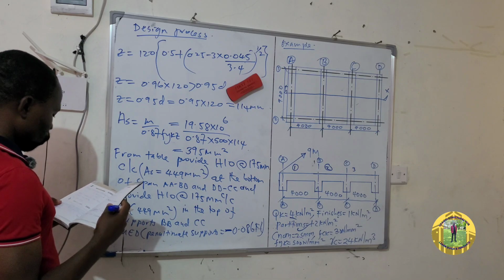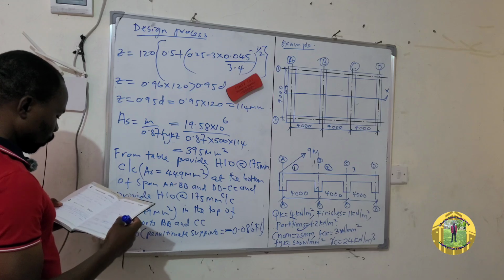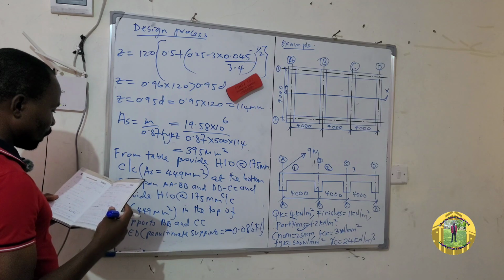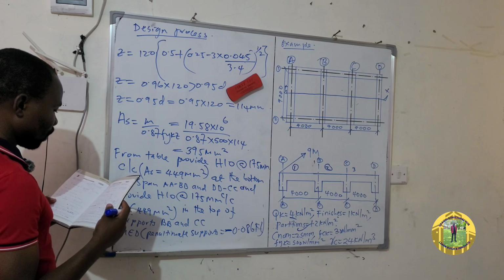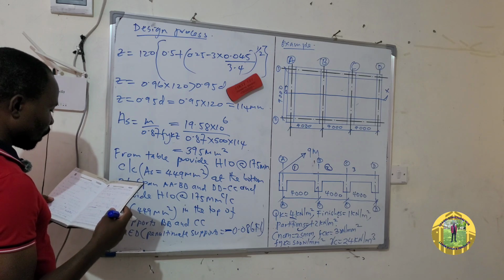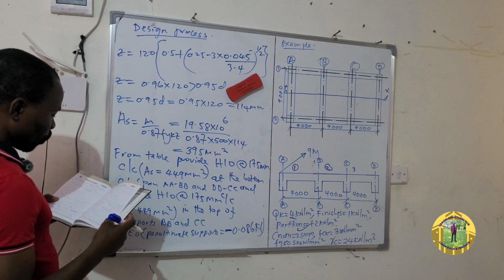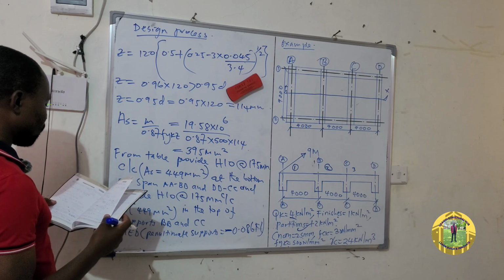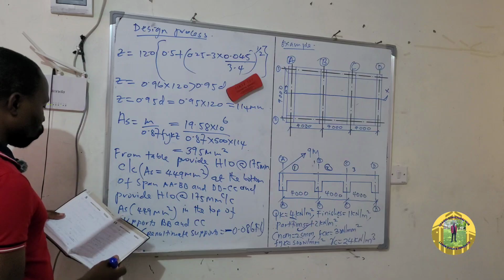After doing so, we will proceed to what we call check estimated effective depth of end slab or end span. So we'll check whether the estimated effective depth is okay or not.